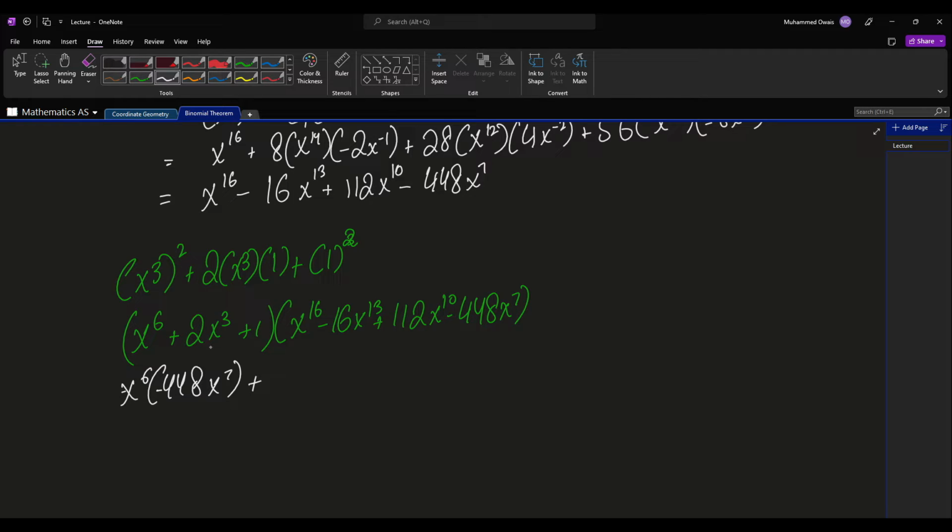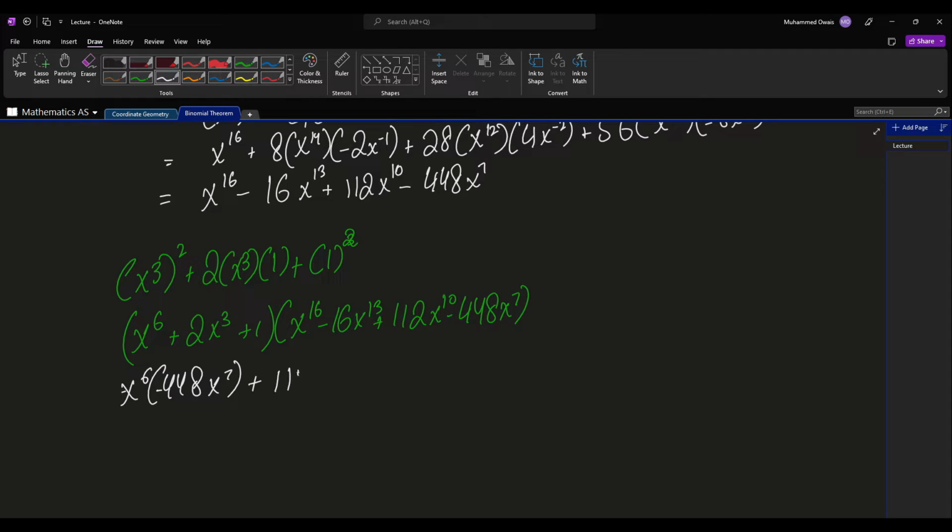Now then, let us see with 2x cube. If I multiply x cube with x16, it will not give me 13. If I multiply x3 with x13, it will give me 16. So we don't want that either. x3 with x10 will give me 13.